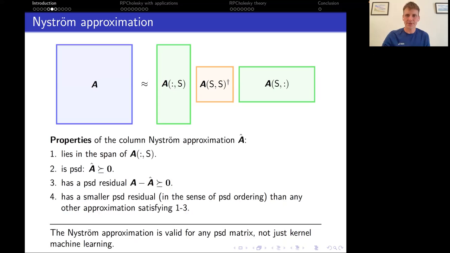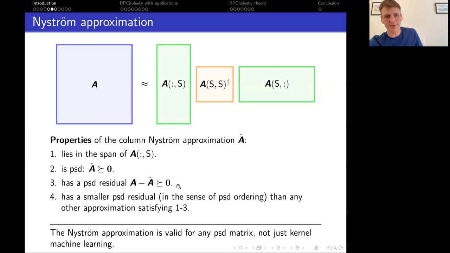So the first one makes sense. This is your approximation. You're literally taking linear combinations of the selected columns to try to approximate the matrix A. So your approximation lies in the linear span of the selected columns. That part is clear by construction. The matrix is PSD, and that's also pretty clear by construction. You take a PSD matrix, take its pseudo-inverse, you conjugate it by some selected columns.